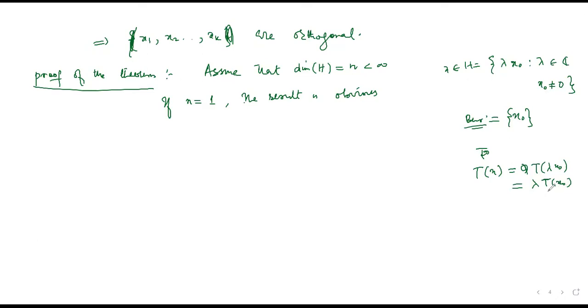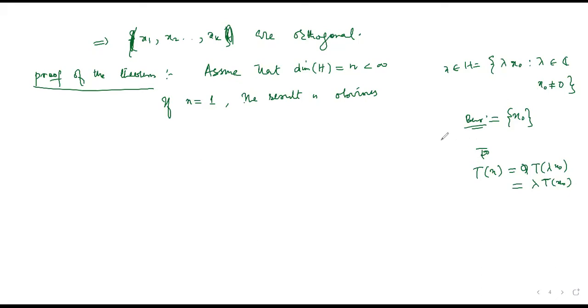T is linear. I want to show that for dimension 1 it's obvious. तो अगर dimension 1 है तो ये इस type की vector space होगी, that's fine. Scalar multiples of a single vector.